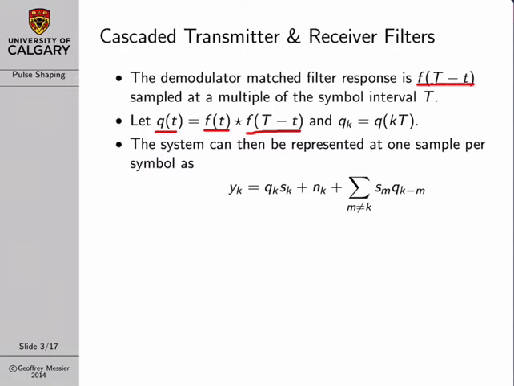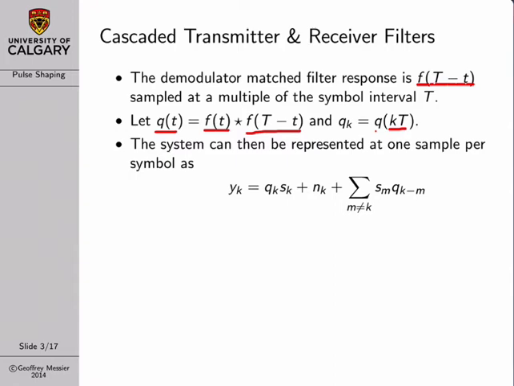And then what we're going to do is look at the system from the output of the sampler at the output of the match filter. So we're going to sample this cascaded filter response Q at intervals equal to multiples of the symbol time.